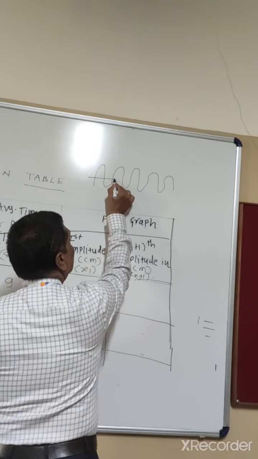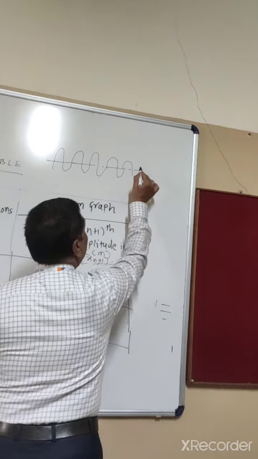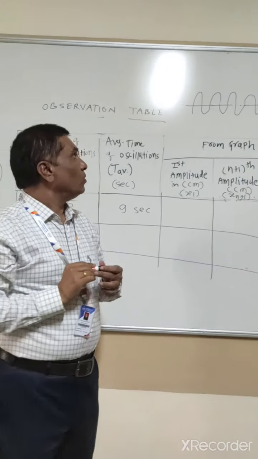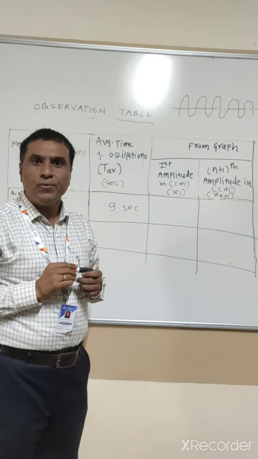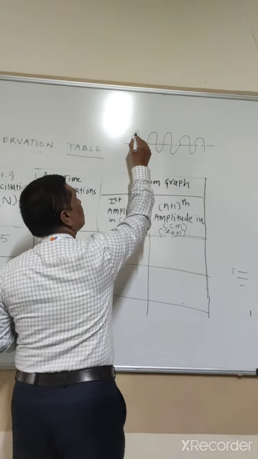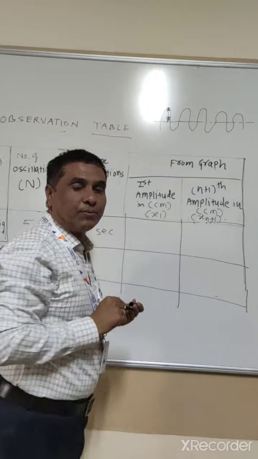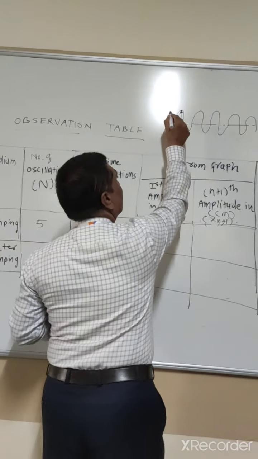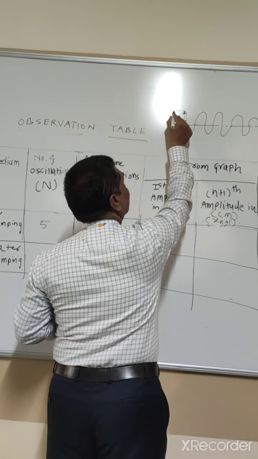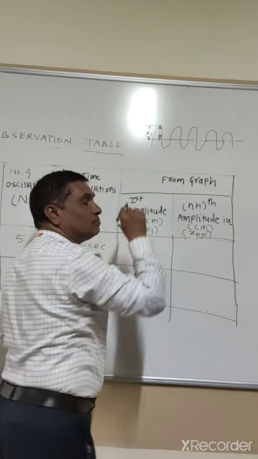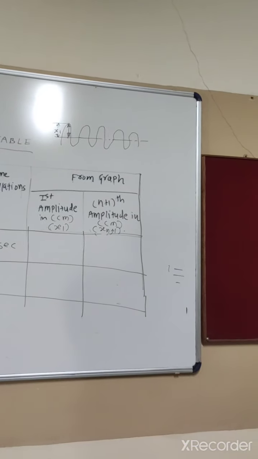If we draw the center line passing through this sinusoidal wave, first of all we have to measure this distance. This is called the first amplitude of the first oscillation, and it is always denoted by x1. It is measured in centimeters.